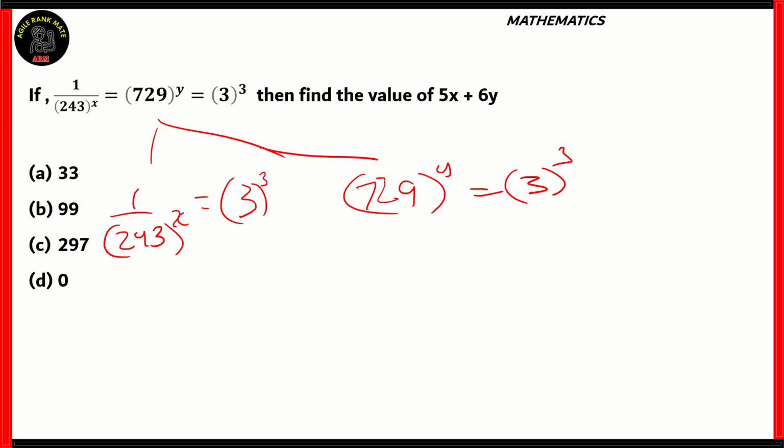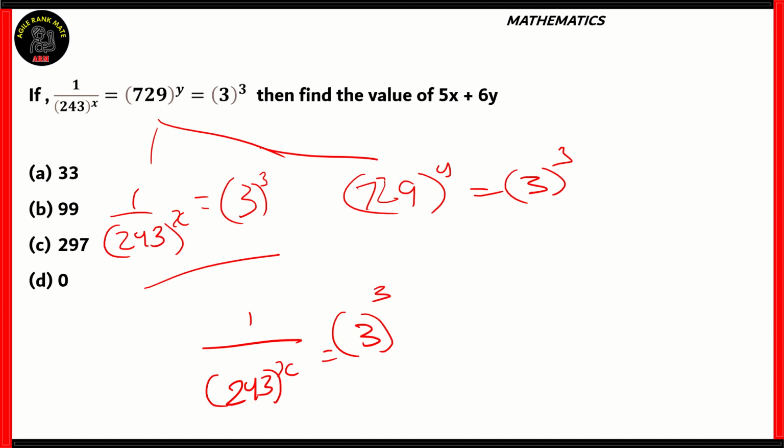Now if we solve the first equation, (1 by 243) raised to x is equal to 3 raised to 3.